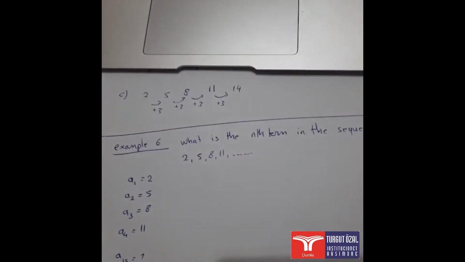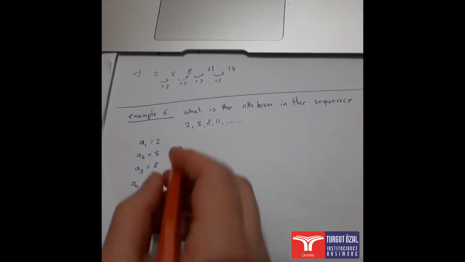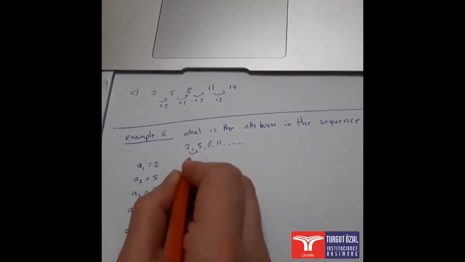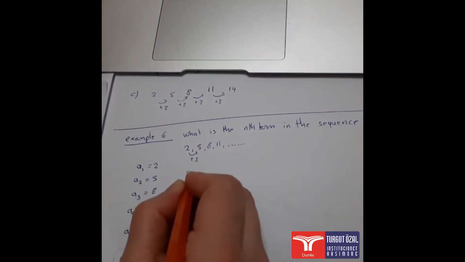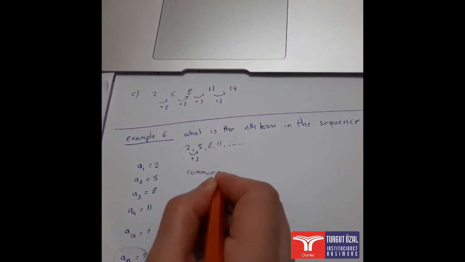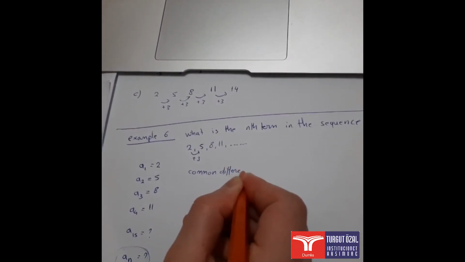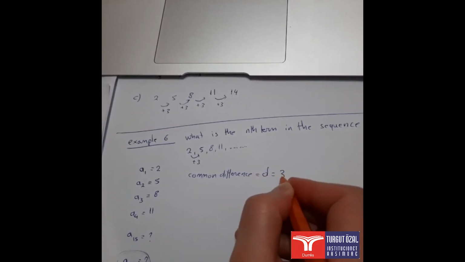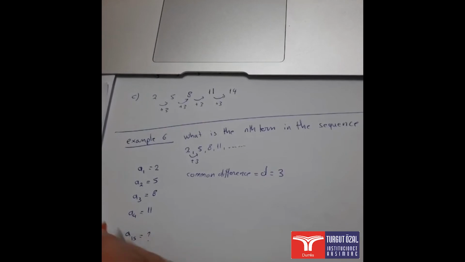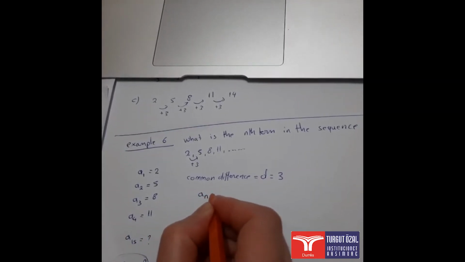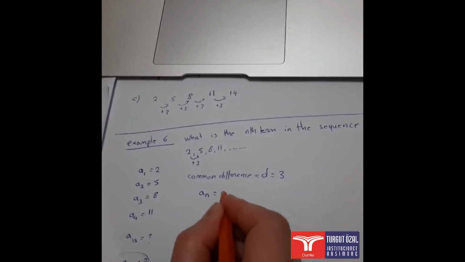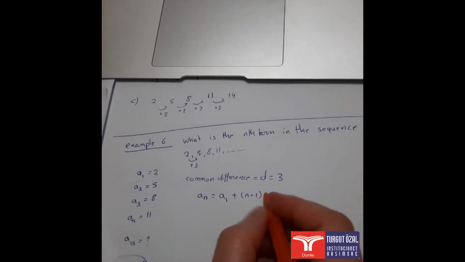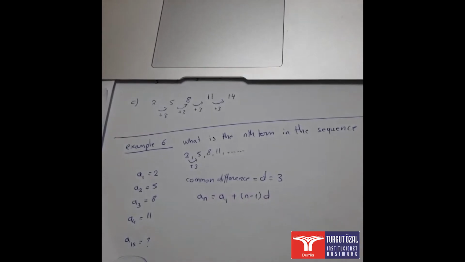To find this an, or the nth term, we need the difference between each term. The difference in this sequence is +3. So the common difference, which is denoted with d, is +3. To find an, or the nth term, we'll need the first term plus n minus 1 times the common difference.